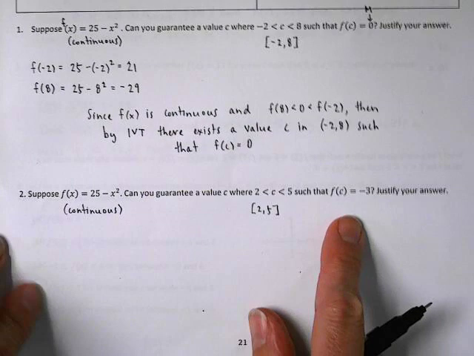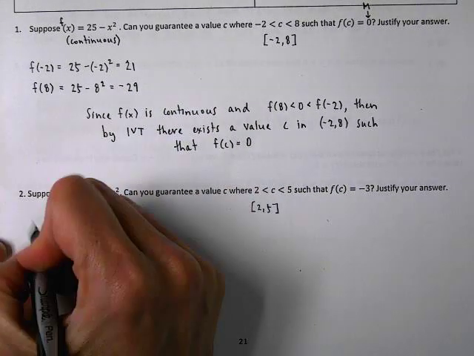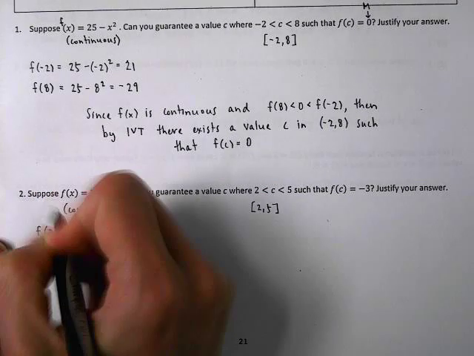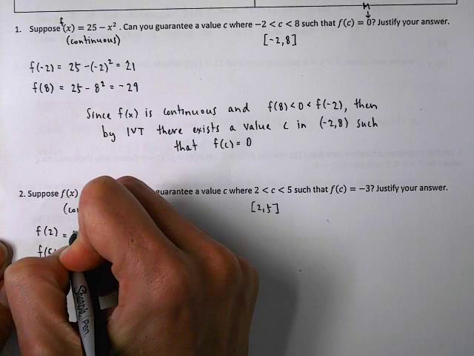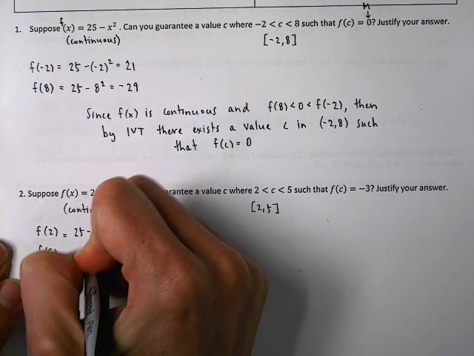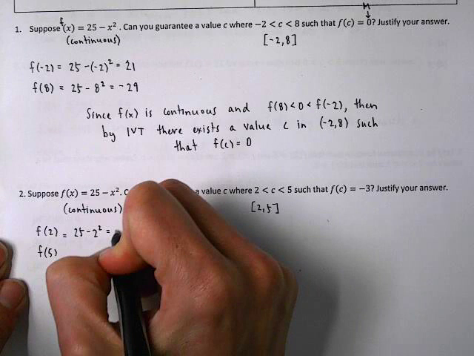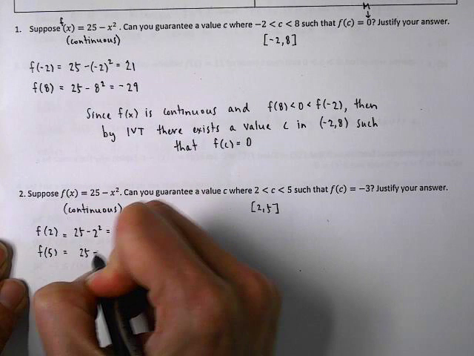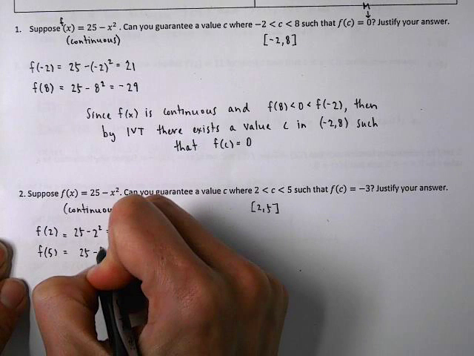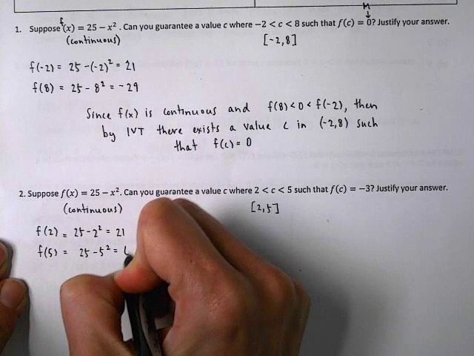So again, we need to check the function values at those endpoints. So we're going to check f of 2, and we're going to check f of 5. So I have 25 minus 2 squared. It's going to give me 21 again. Now I have 25 minus, let's see, 5 squared, which is going to give us 0.